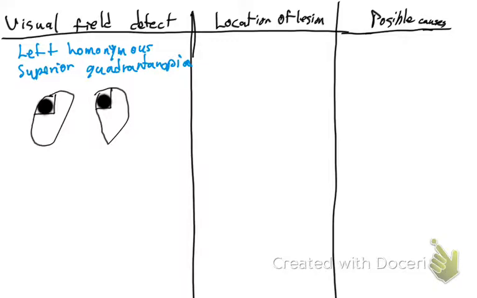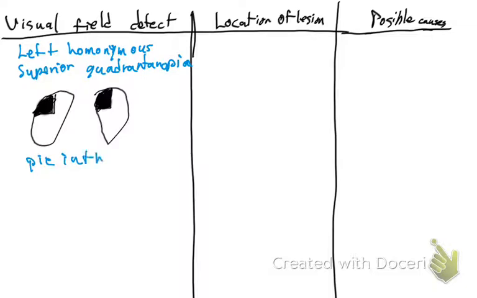So this is the left homonymous quadrantanopia, also known as a pie in the sky.